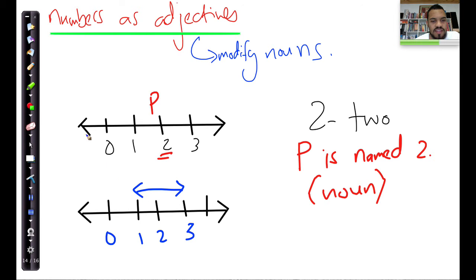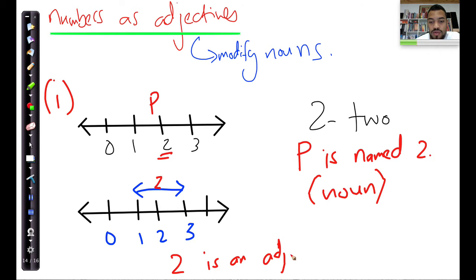What's the distance over there? Well, that distance is 2, right? In example 1, we've named the point P as 2, and therefore it gave us a noun or nominal effect. And in this one, the distance between 1 and 3 is actually 2 units. So in the second example, we can say that 2 is an adjective.